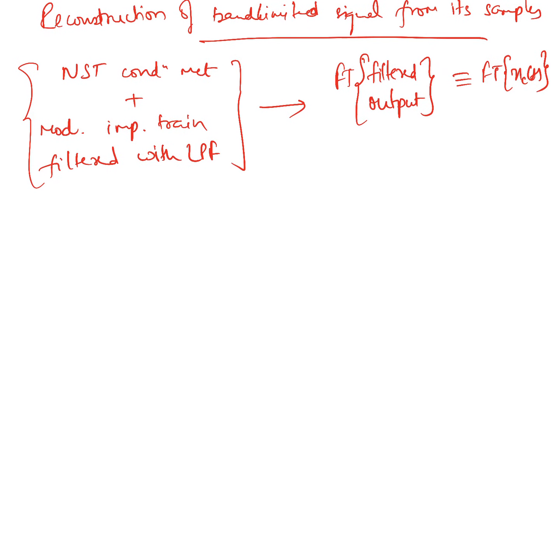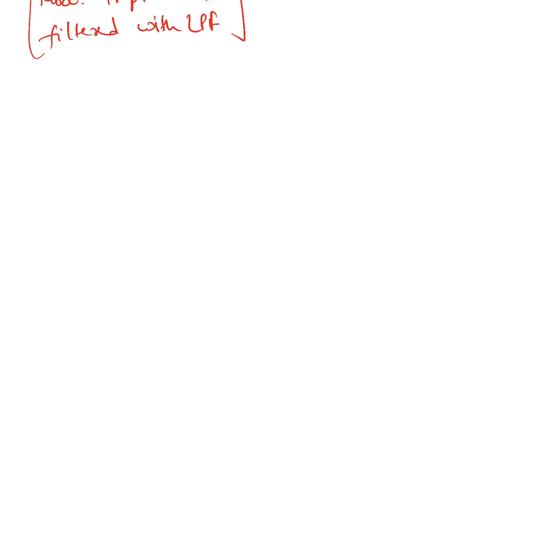But we'll dwell a bit into it: what are the other implications of the reconstruction, and what are the properties of this low pass filter. So let's say we have x of n, which is now given to us.